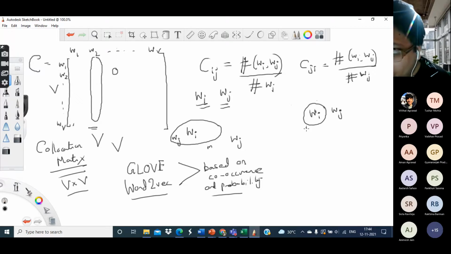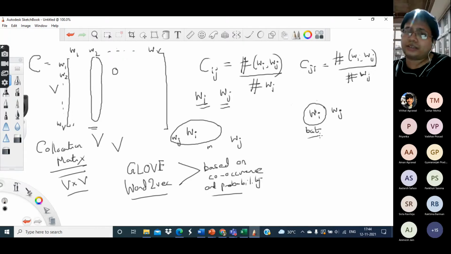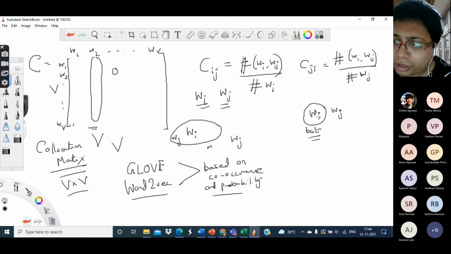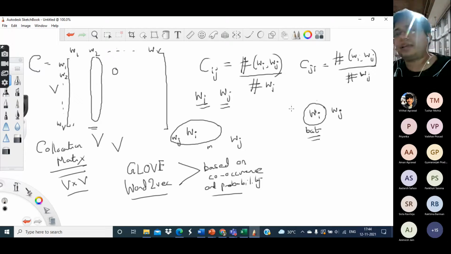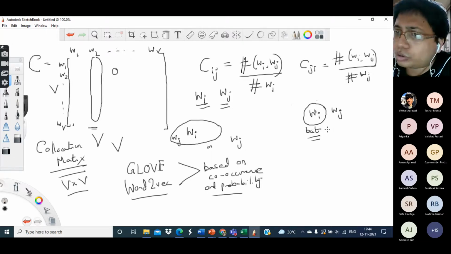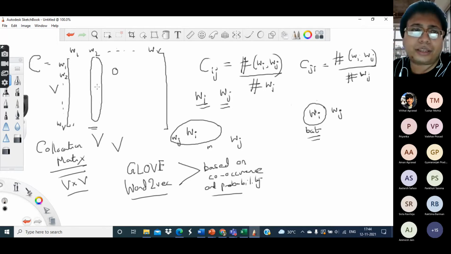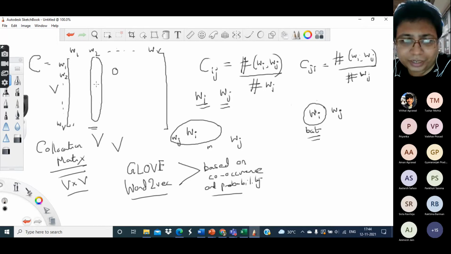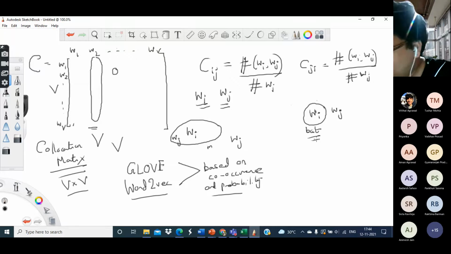So, coming back to the previous example, if the target word is bat, then you are basically trying to guess what its surrounding words can be. Of course, we do not know, so different words will have different probabilities. This vector itself carries some information like this, right?